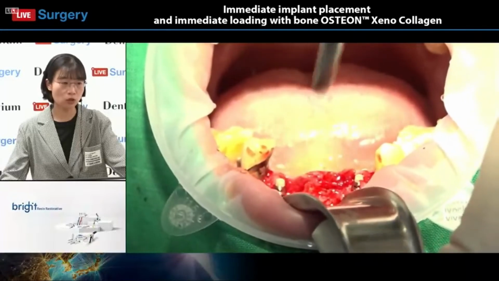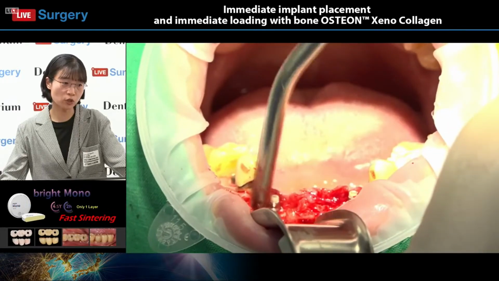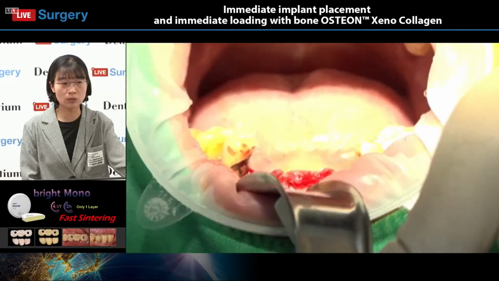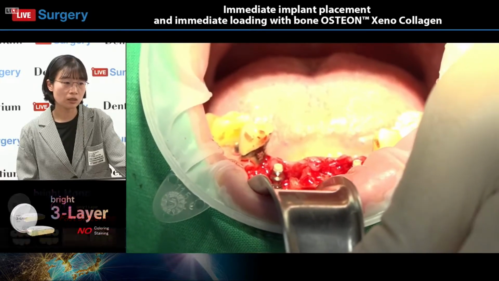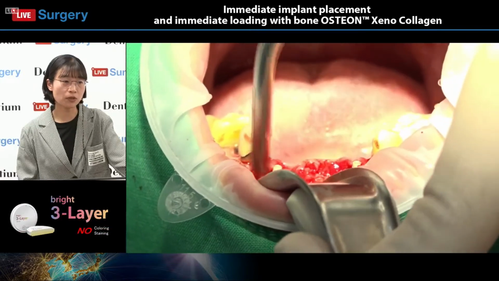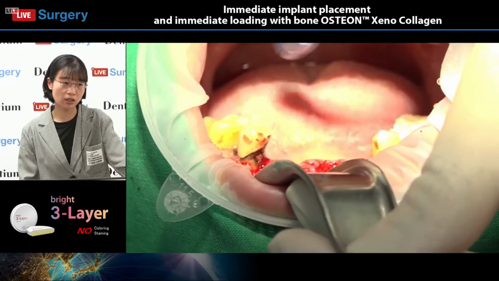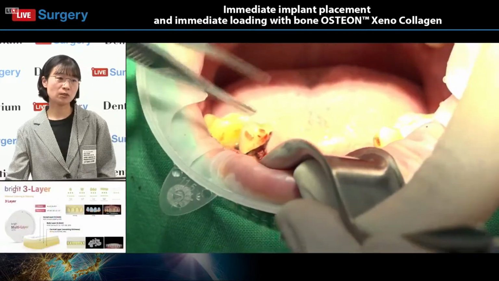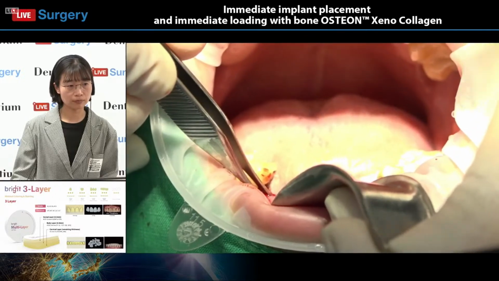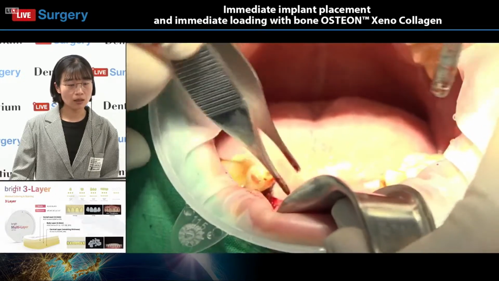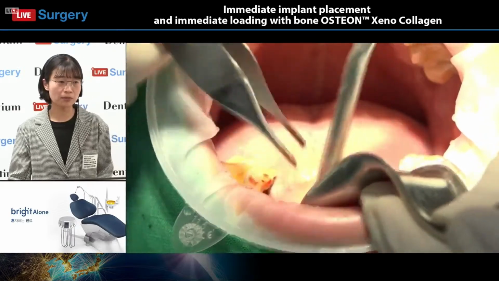And also we have to think and consider the alveolar bone resorption after the tooth extraction in immediate implantation. So it is important to place the implant fixture deeper when we do immediate implantation. Now he is checking the flexibility of the gingival flap.